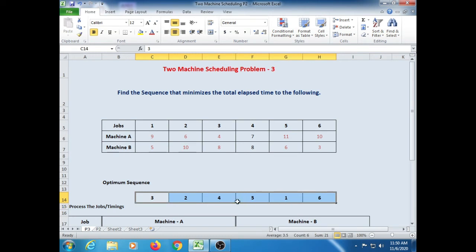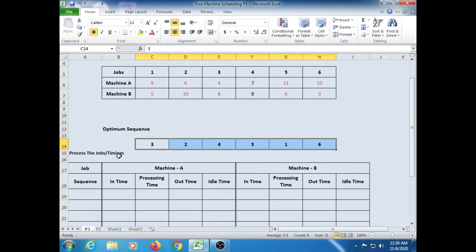After finding the optimum sequence, what do we have to do? We have to process the jobs, or process the timings. How do we process the jobs? Let us find out.